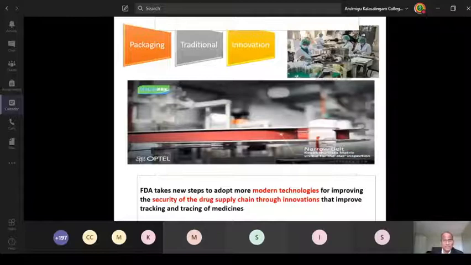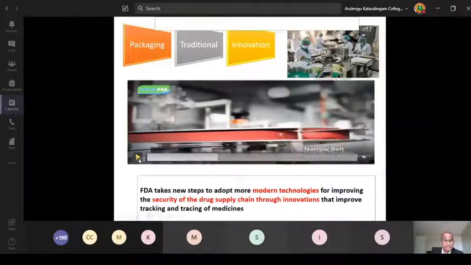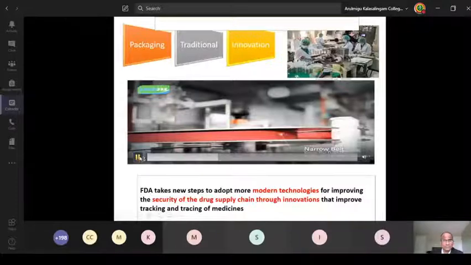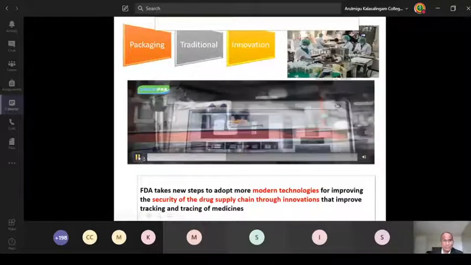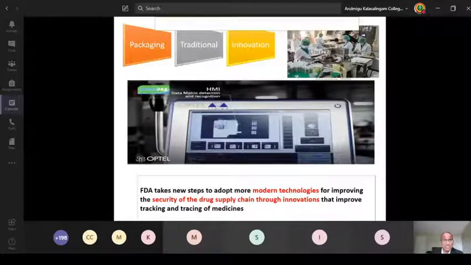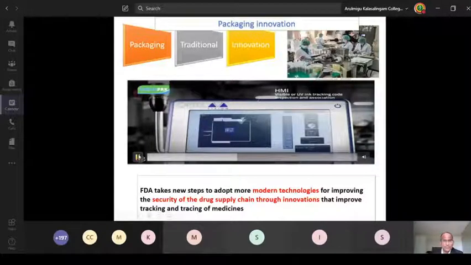Then 360 degrees inspection. This is called HMI data matrix detection and recognition. So the HMI visible and UV do the tracking.